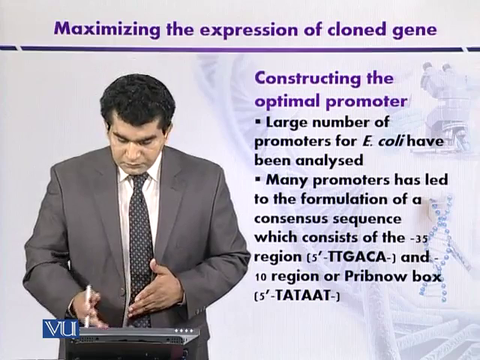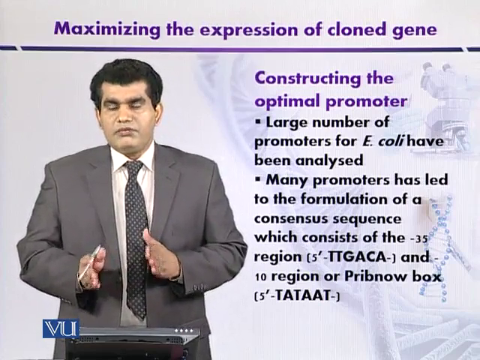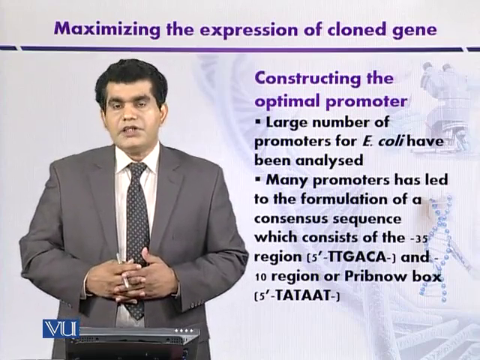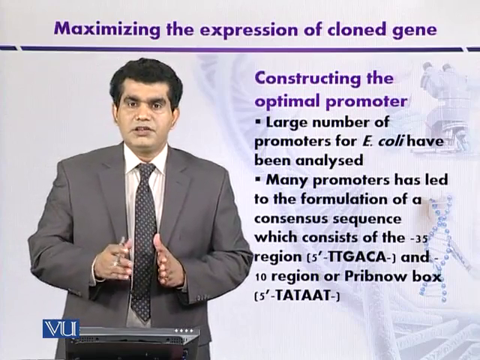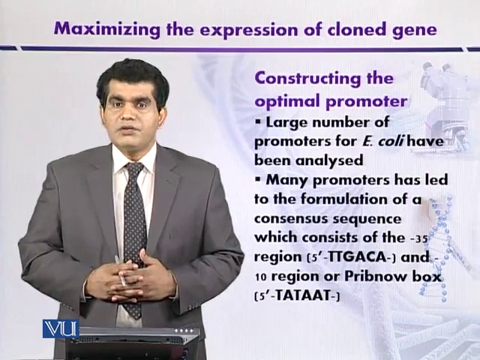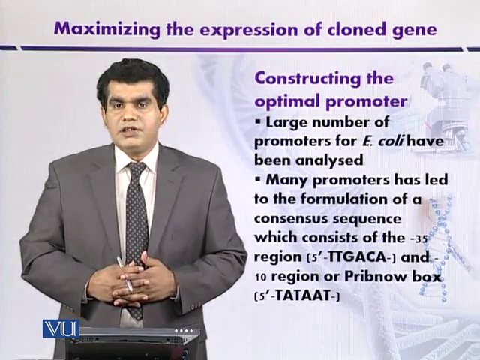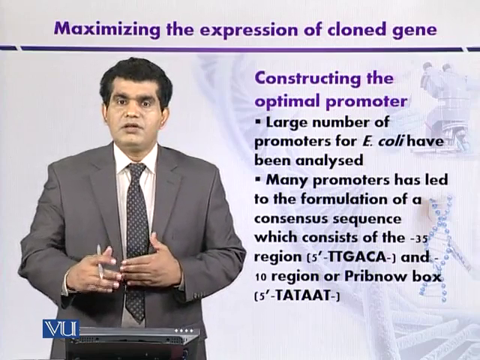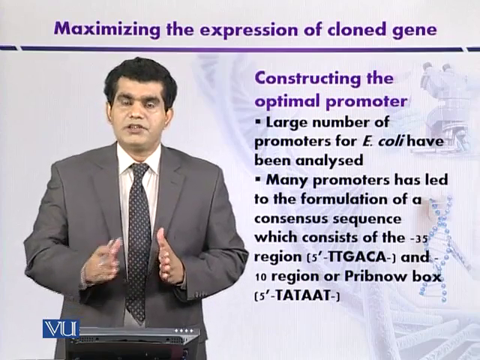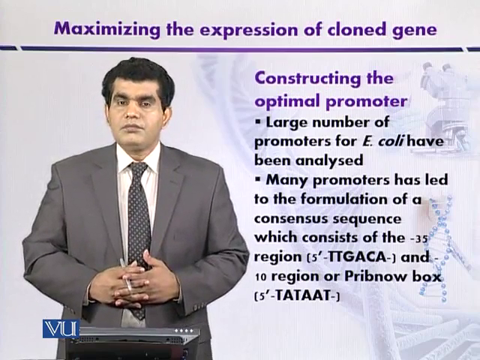For example, the -35 region may have the 5' conserved sequence TTGACA, and at the -10 location the conserved sequence is commonly called the Pribnow box, and it is TATAAT. So these are the conserved sequences of the promoter present at the -35 and -10 locations.